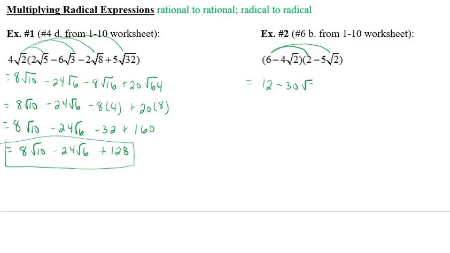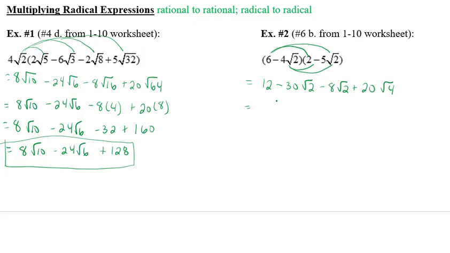And the root 2 has nothing to multiply to it, so we just keep it as root 2. Then we do the 4 root 2 times 2, so the 4 and the 2 are both rational, that gives us 8, and the root 2 just stays. And our last two, we go 4 times 5, correctly this time, we're going to say it's 20. And then root 2 times root 2 gives us root 4.